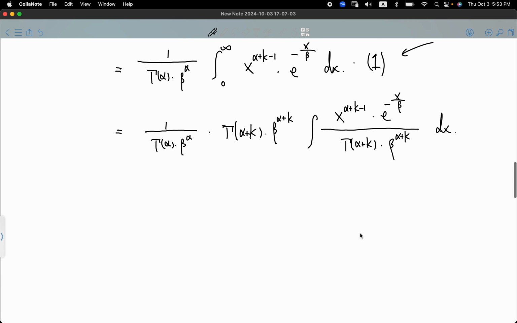The reason we want to do this is that when we look into the integral here, this is essentially another gamma distribution. This random variable x now follows a new gamma distribution with alpha plus k and beta, by construction.